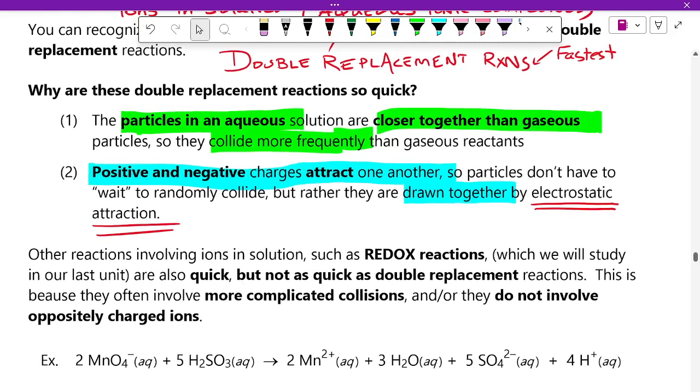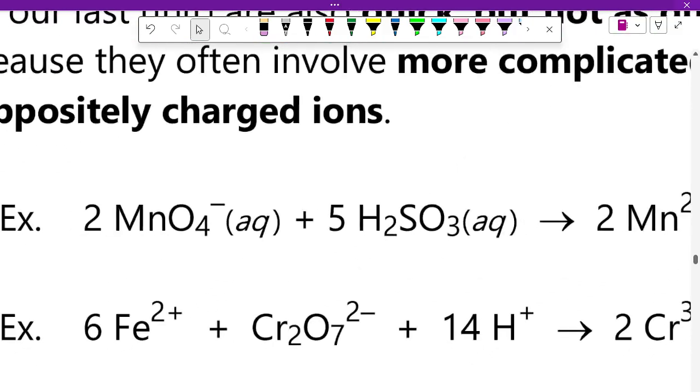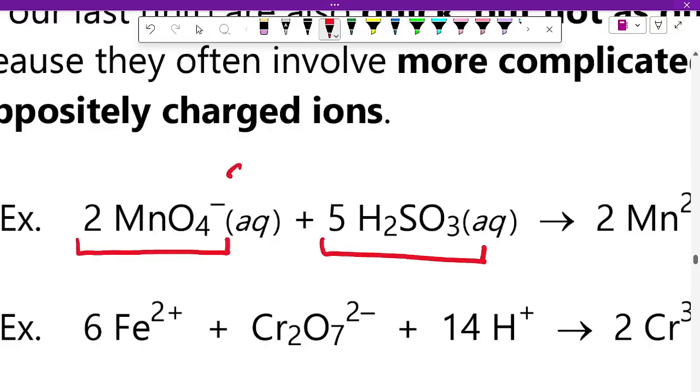There are other reactions which also involve ions in solution, such as redox reactions, which we will learn about later, okay? But they are not as quick as double replacement reactions. And that's because they very often involve quite complicated collisions. Like, look at this thing. That looks quite complicated, yes? Complicated.